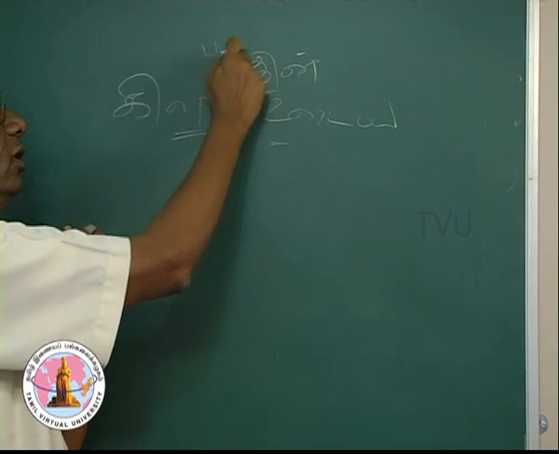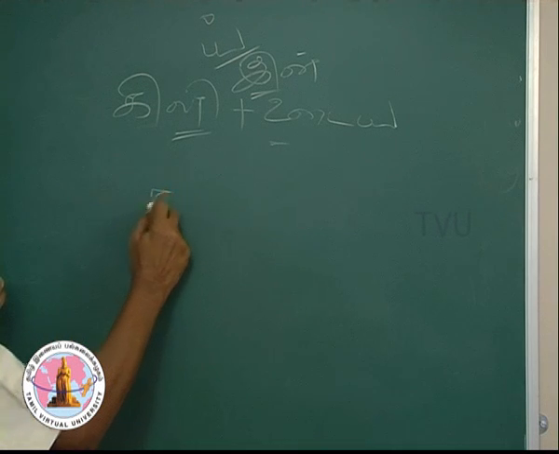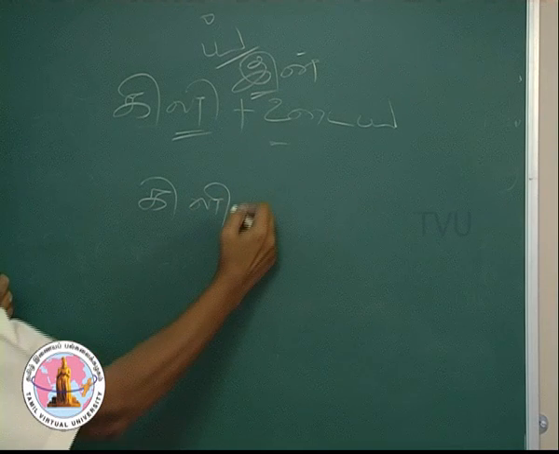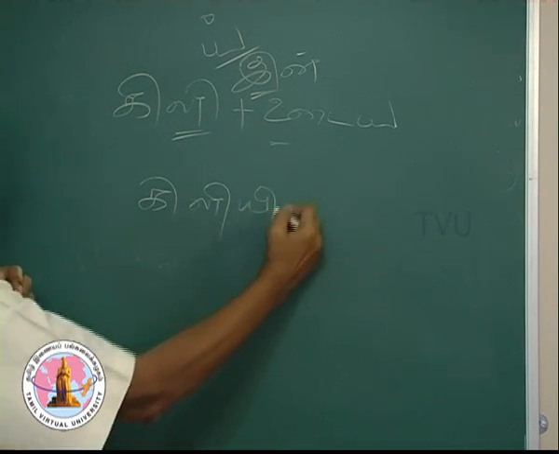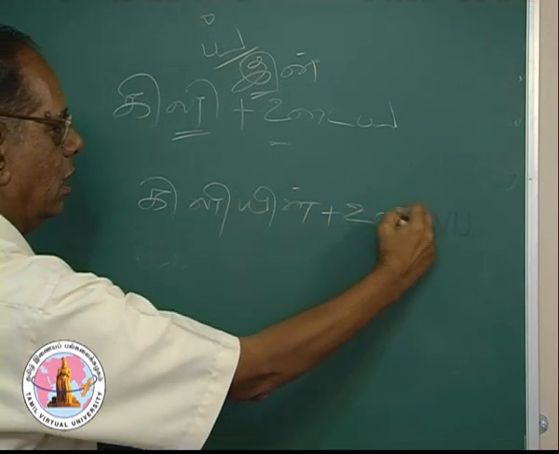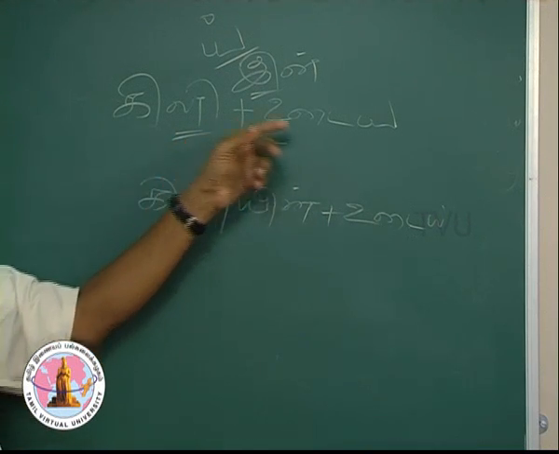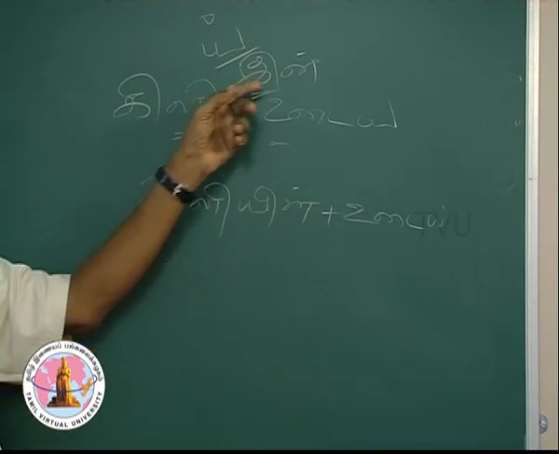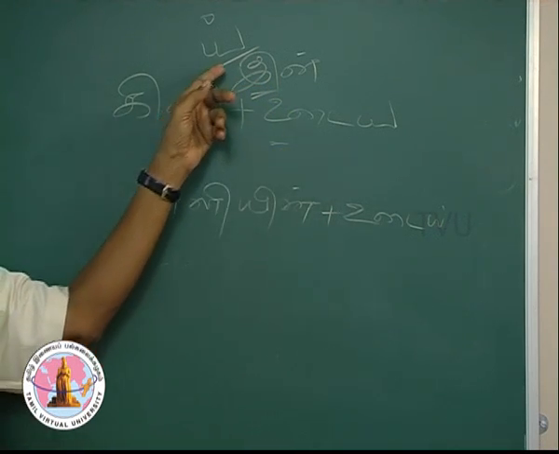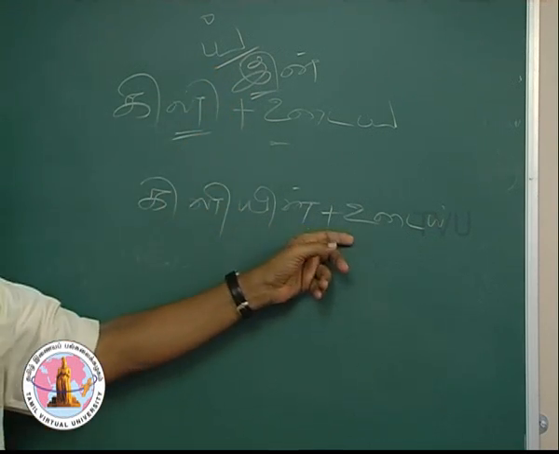So, naturally you need a semi-vowel. So, this becomes Kili plus Udaya, Kili plus in plus Udaya, Kili, ya consonant and then in, Kiliyin Udaya.